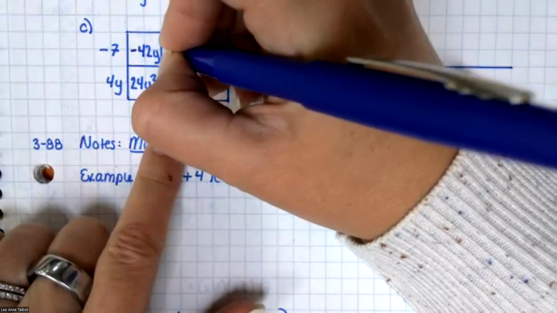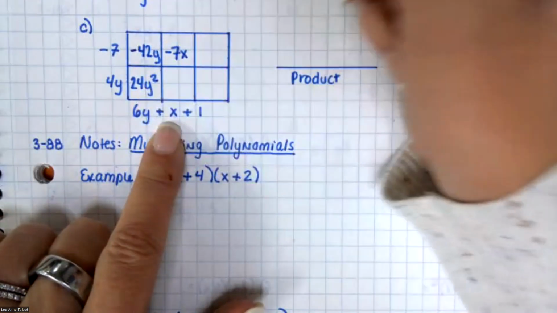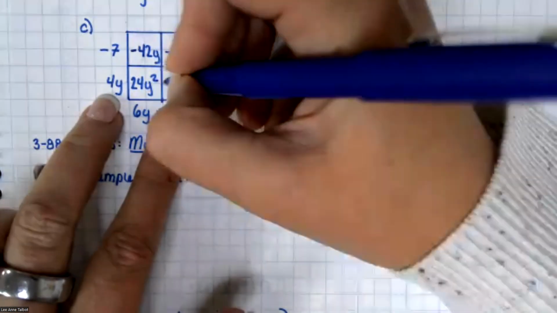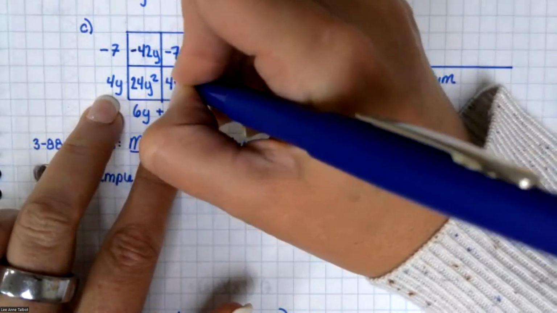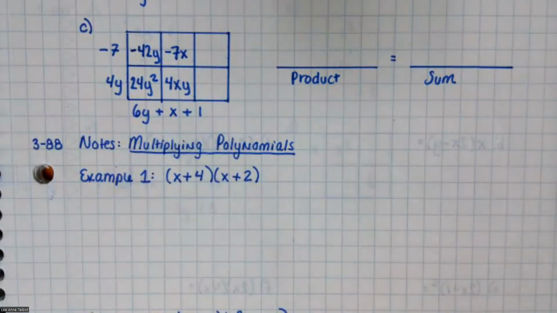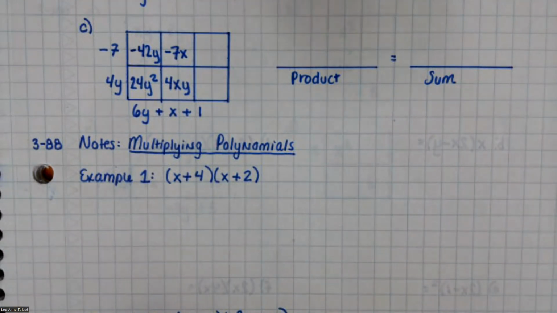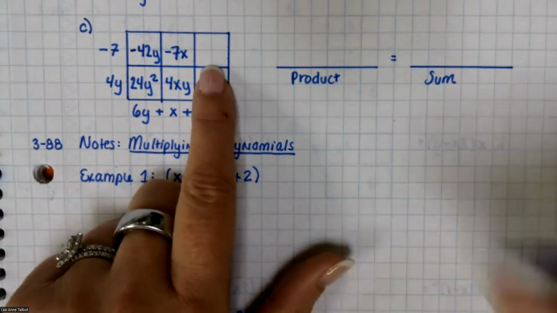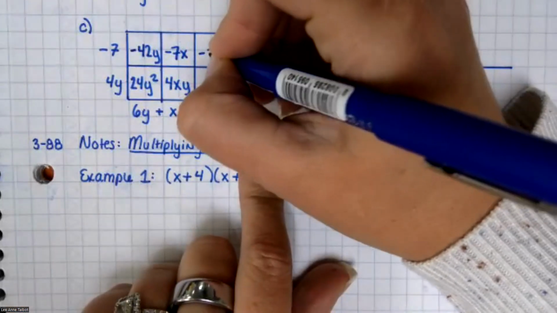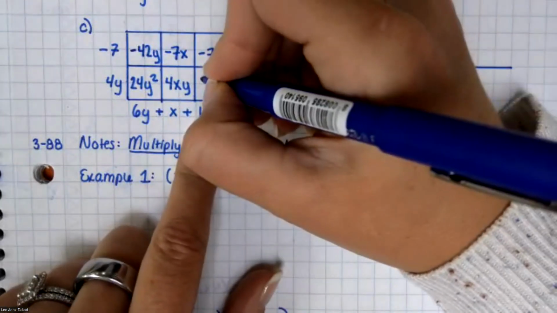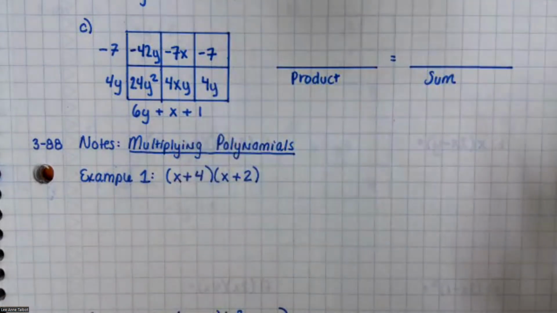Okay, this box is negative 7x. This box is 4xy. You don't have to put x and y in that order. You could say 4yx if you want to. I just put things in alphabetical order because I'm a nerd. This box is negative 7. And this box is positive 4y.